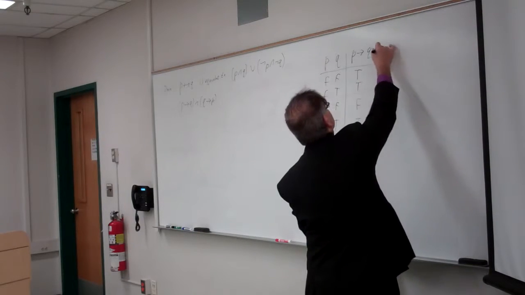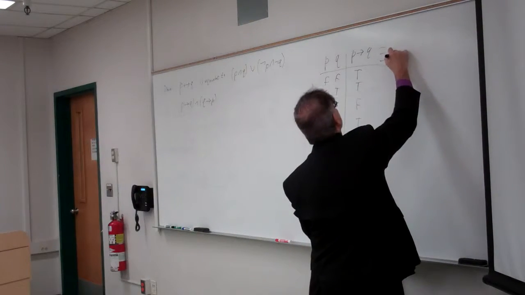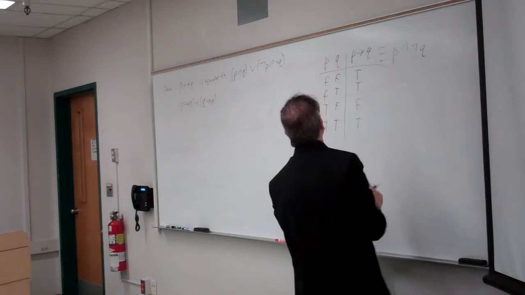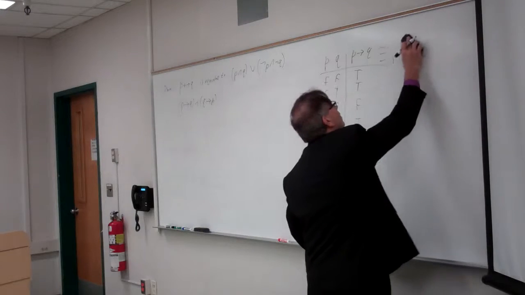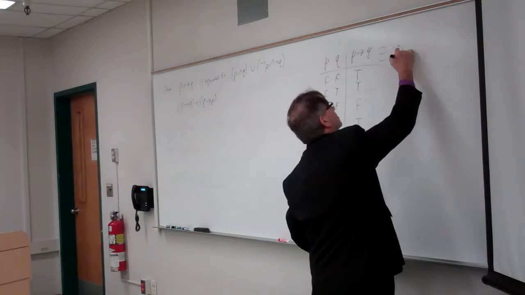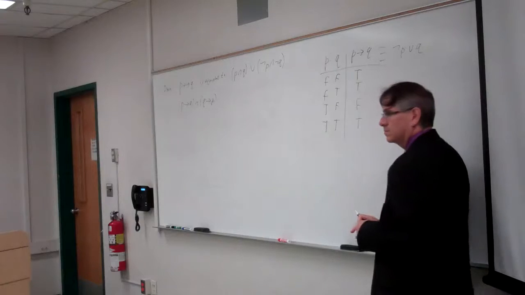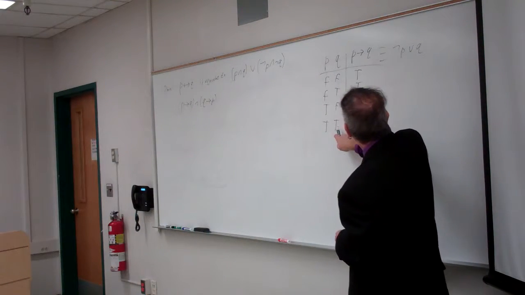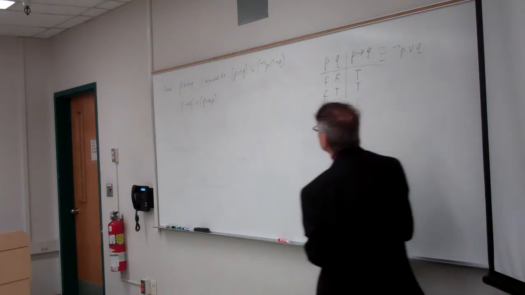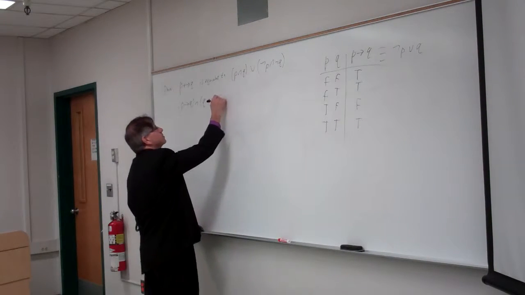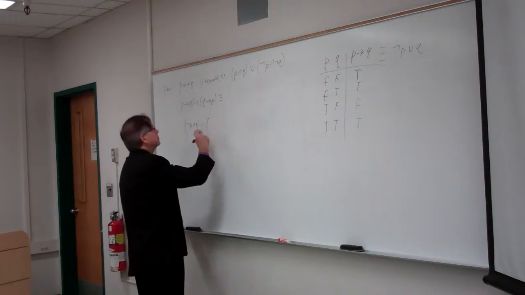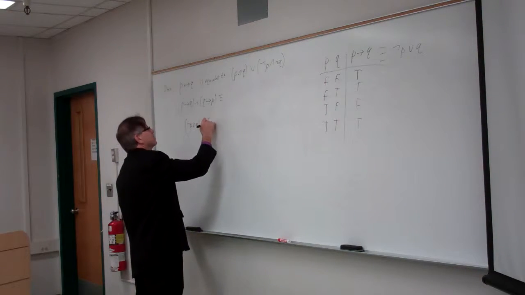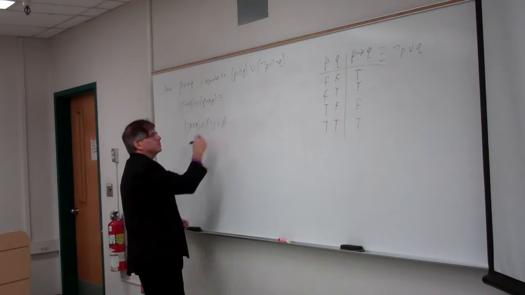And so this is equivalent to not P or Q, if P is false or if Q is true. So this is equivalent to not P or Q, ANDed with not Q or P.